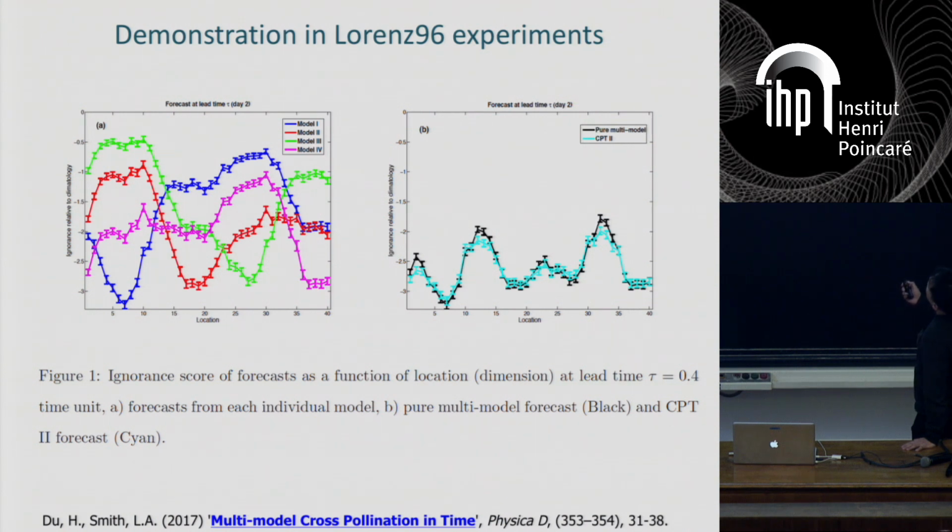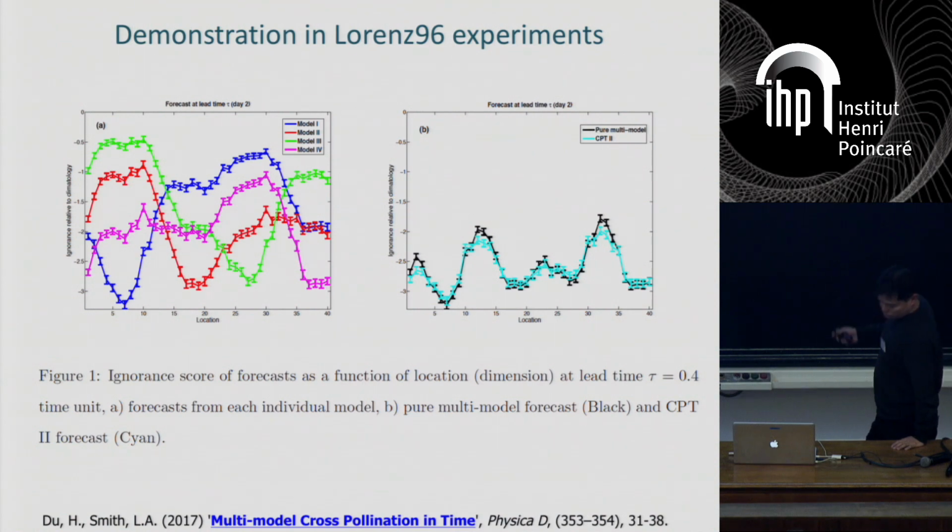But there is useful information in those initial conditions. That information will be useful for making the forecast in the next cross-pollination time. So we expect the information will kick in at the next cross-pollination time.